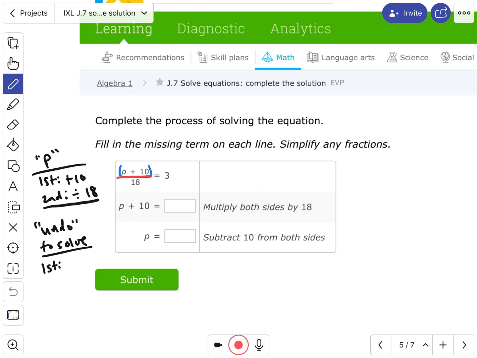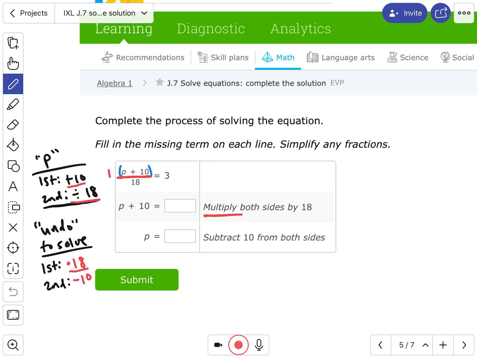We're going to undo that, which is the opposite of dividing, multiplying by 18. And then the second thing we're going to do is look at the plus 10, and get rid of that by doing the inverse of plus 10, which is minus 10. So that's kind of why these are in this certain order.